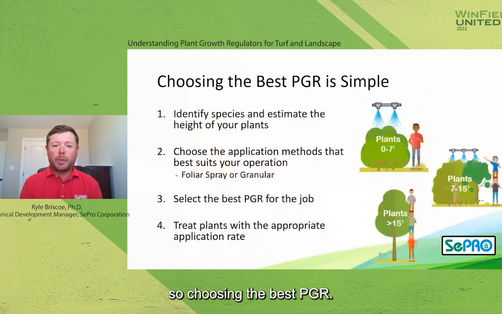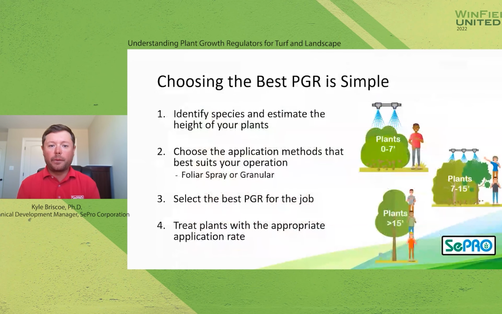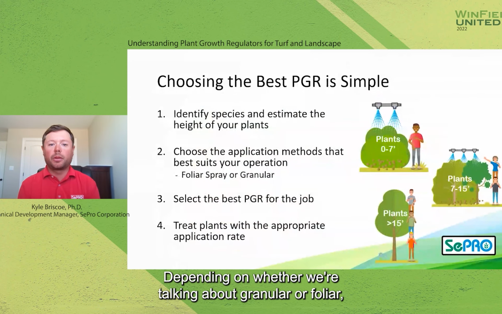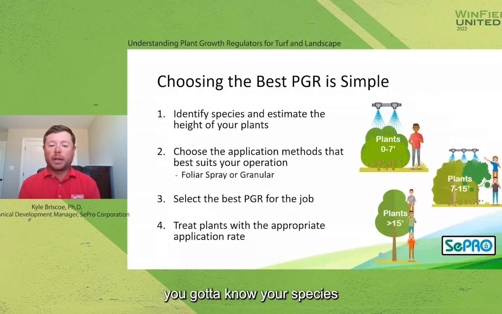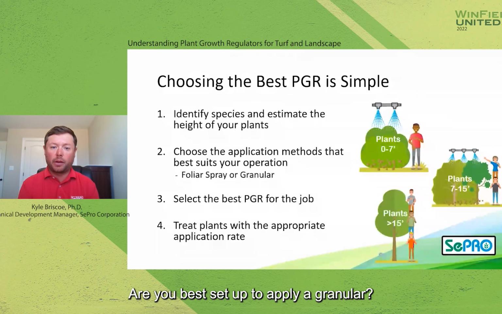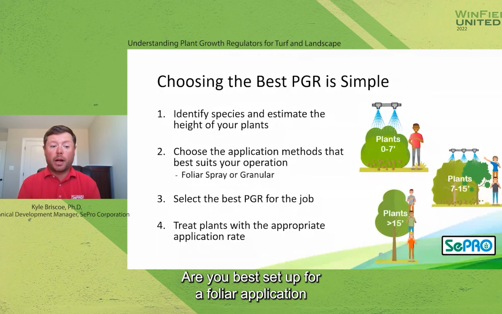All right, so choosing the best PGR. Depending on whether we're talking about granular or foliar, you've got to know your species and you've got to know your height. And then depending on your situation, what setup is best for you? Are you best set up to apply a granular? Or are you best set up for a foliar application?